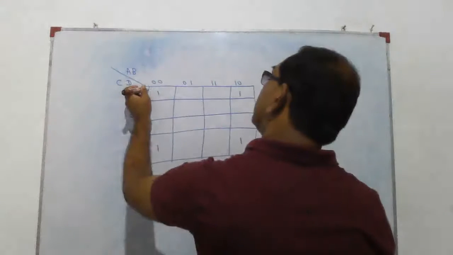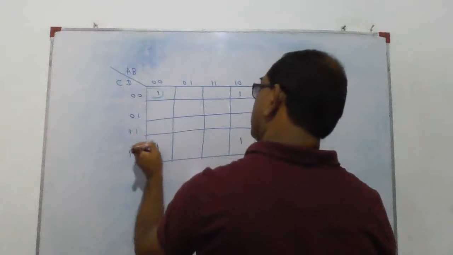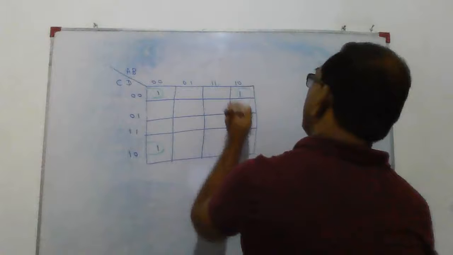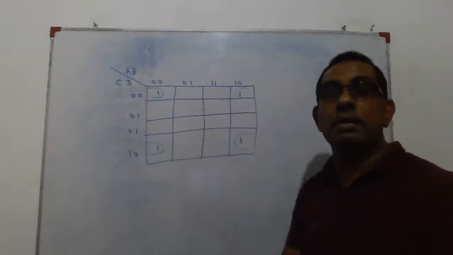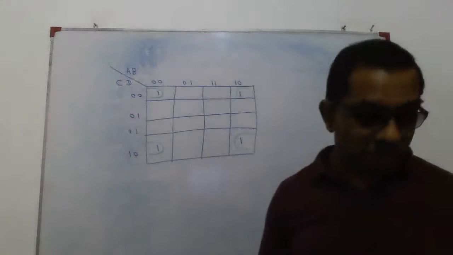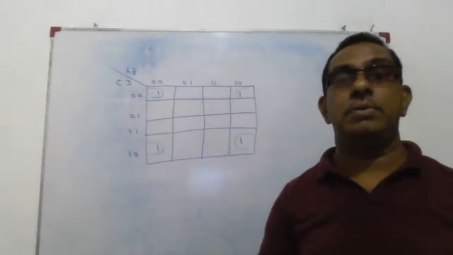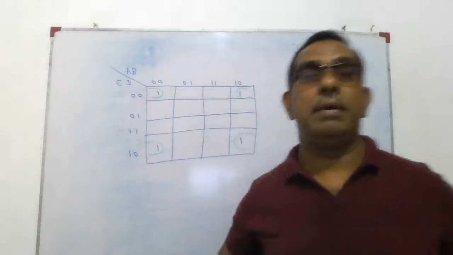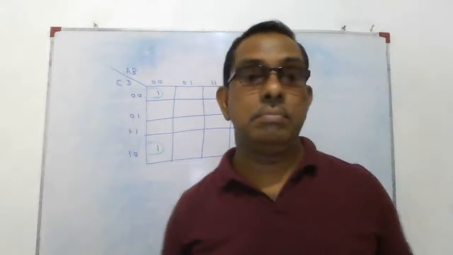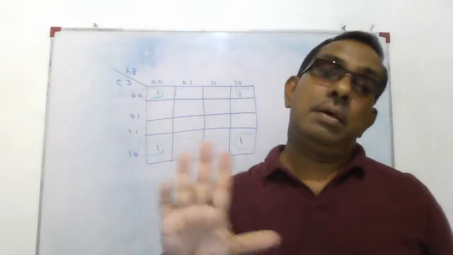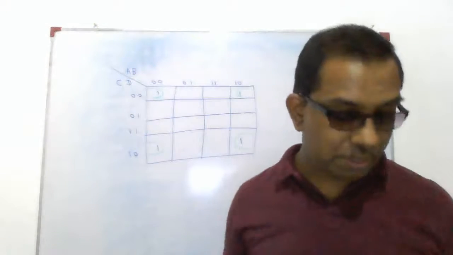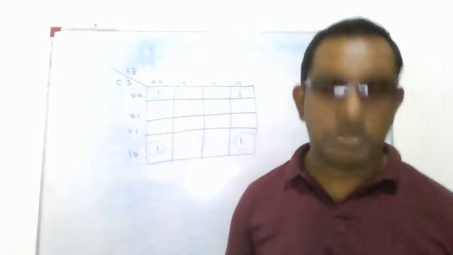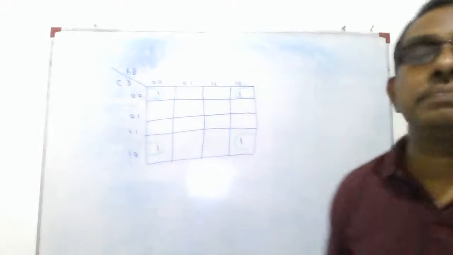See, go here, second, third, and fourth. There is only one group. So remember, you don't create two groups here. Instead, you take a single group in order to simplify. So just try it and remember.